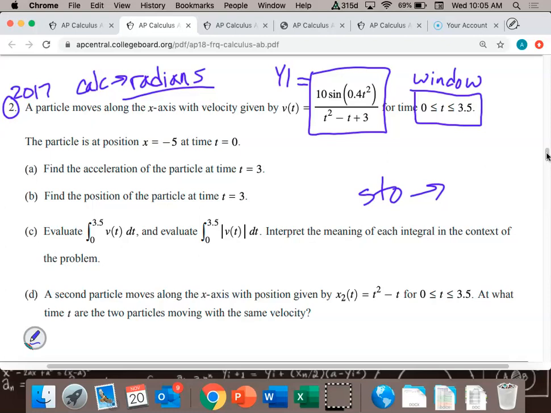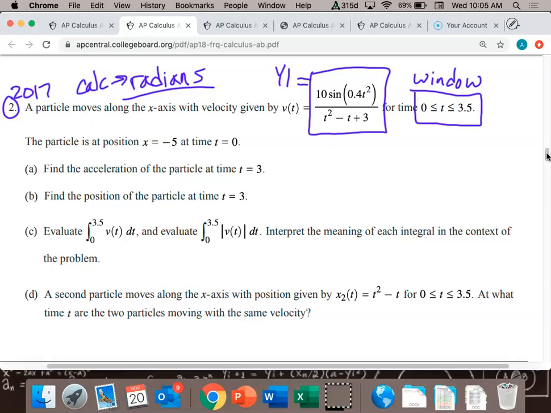Whereas 89 users have to write it down and hand type the whole thing. All right, so part C, evaluate this integral and evaluate this integral.